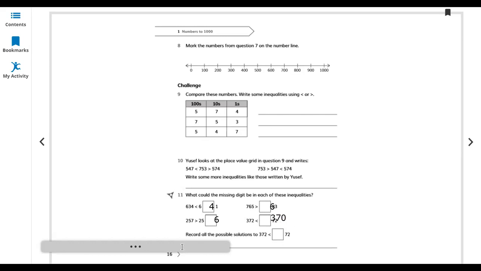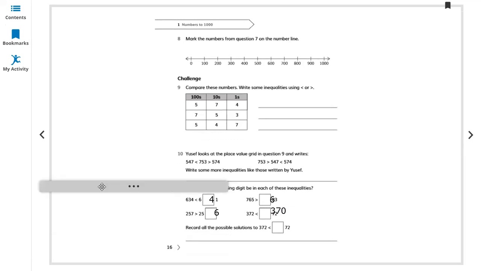The next question is to find all the possible solutions to 372. So this one, do it like this. Take out all the possible solutions of 372. So you can make a lot of them with 2 and 7.